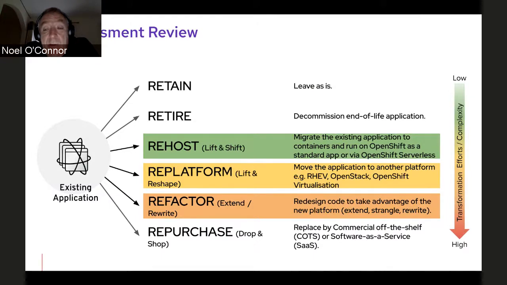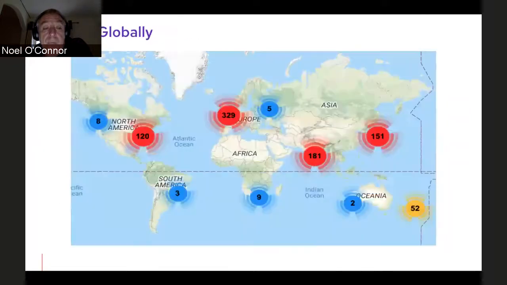Rehosting is lift and shift, moving to a container as is. Replatform is when it isn't suitable for a container and might be suitable for virtualization, if it isn't already virtualized. And with this, you can use things like OpenShift virtualization or KubeVirt on a Kubernetes distro as you see fit.